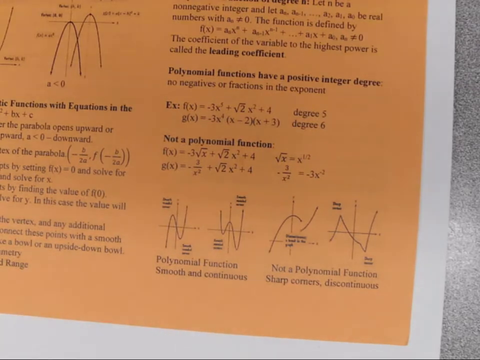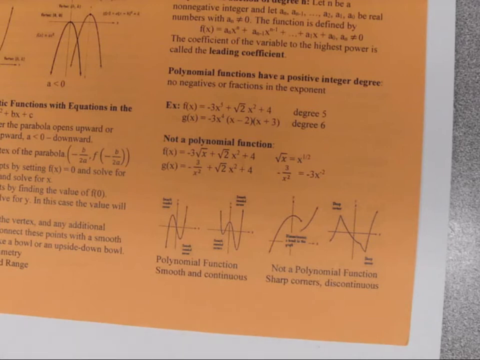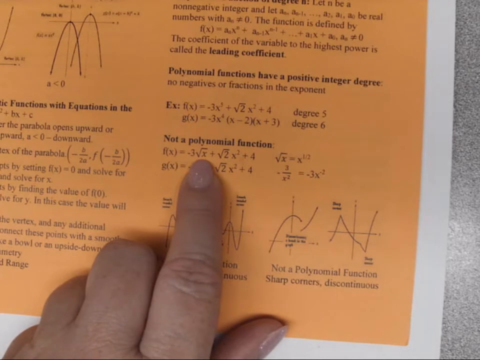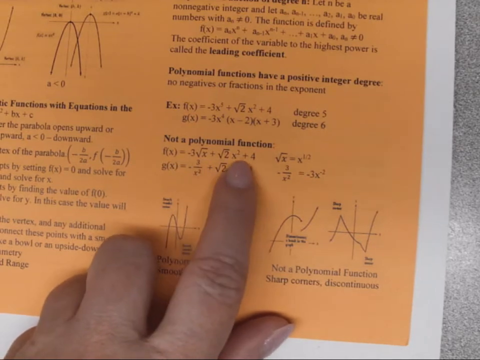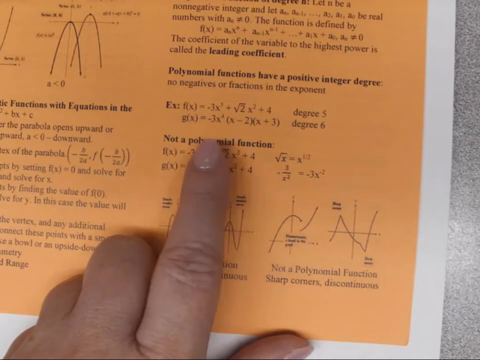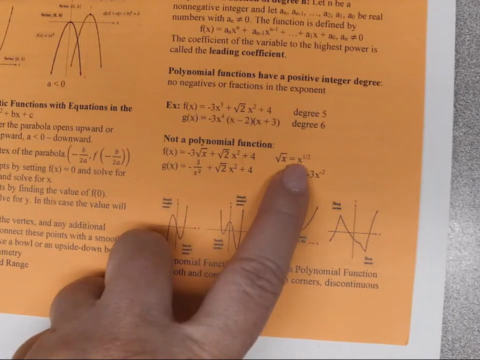Now, it's not a polynomial function if it has some issues. The exponents cannot be a fraction and they cannot be negative. So if we have negative 3 times the square root of x plus the square root of 2 times x squared plus 4, you'll notice this is very similar to the original one. That part is okay, but this part here, the square root of x, remember that's the same thing as x to the 1/2 power.